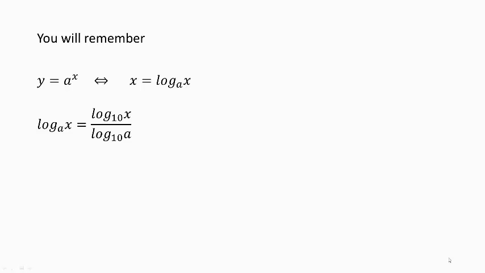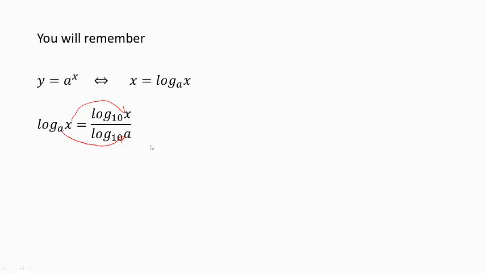What we also will see today is that the log to the base a of x is the log to the base 10 of x divided by the log to the base 10 of a. We call this a change of base. So what you'll notice, the base has gone to the bottom and the x has gone to the top of the fraction, so the numerator and the denominator.